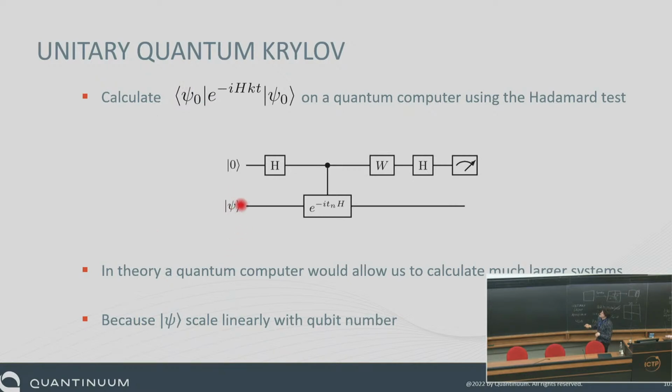Whereas you have to store this explicitly as a vector in a classical space, an exponentially scaling vector. So you have a linear object to store rather than an exponentially scaling object. But there are a lot of other problems with storing the quantum state. It's not as simple as this one-to-one comparison.